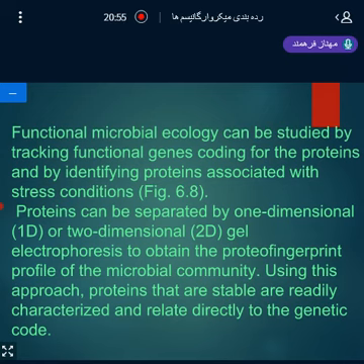So we analyze the proteins by gel electrophoresis, and then we can study their proteo-fingerprint and compare the proteo-fingerprints of different bacteria to each other.